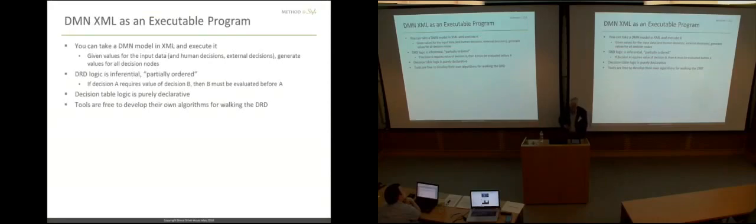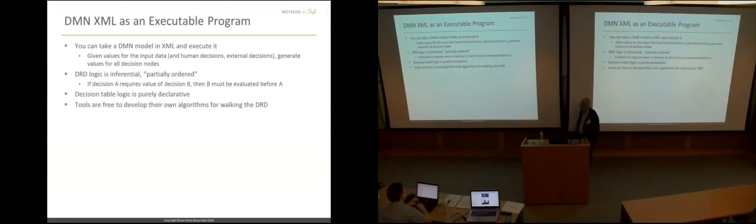Okay, so you have an end-to-end decision model created completely graphically with DRD and boxed expressions. And in the boxed expressions, all the text uses FEEL. And now the XML representation of this graphical model can be executed. So how do you do that? You start by providing values for all the input data elements.